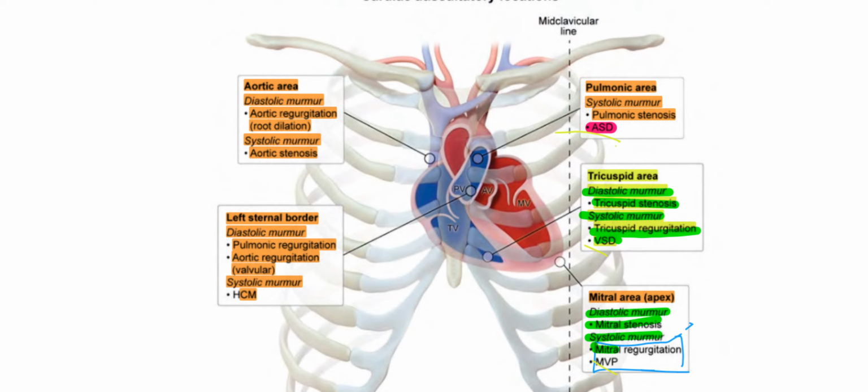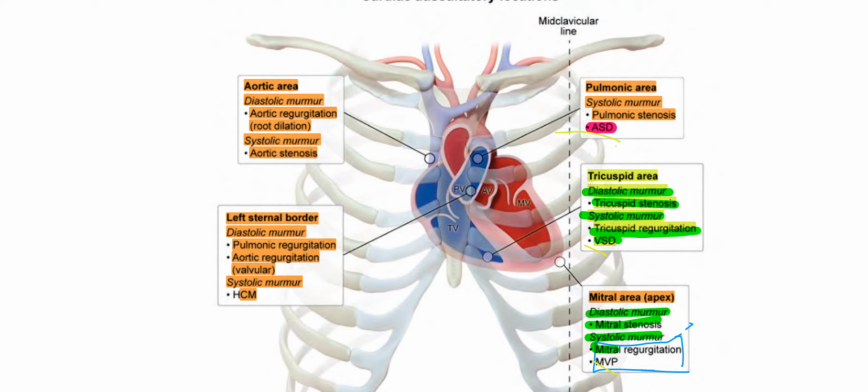Then on the same location in the second intercostal space, but on the left side near the sternum, we have the pulmonic area. So over here, if there is pulmonic stenosis, that will produce systolic murmur, right? And systolic murmur is also associated with ASD in this place, right?